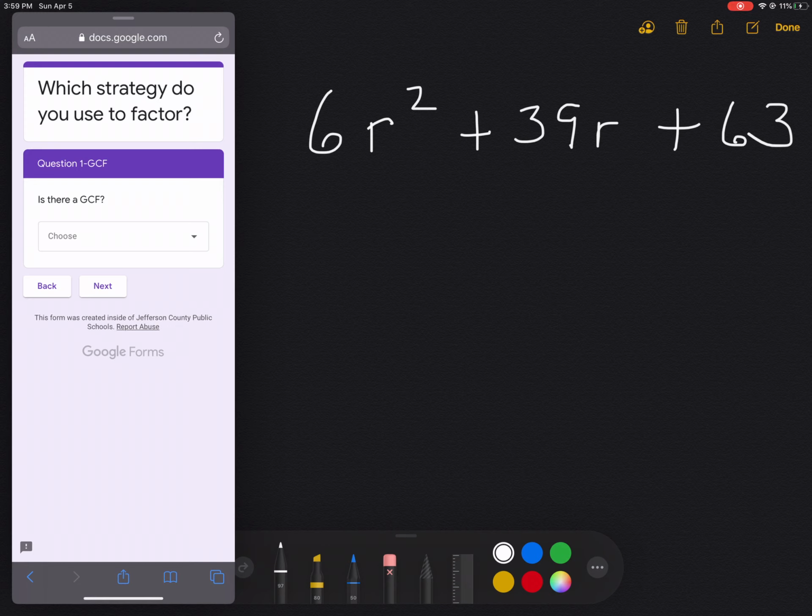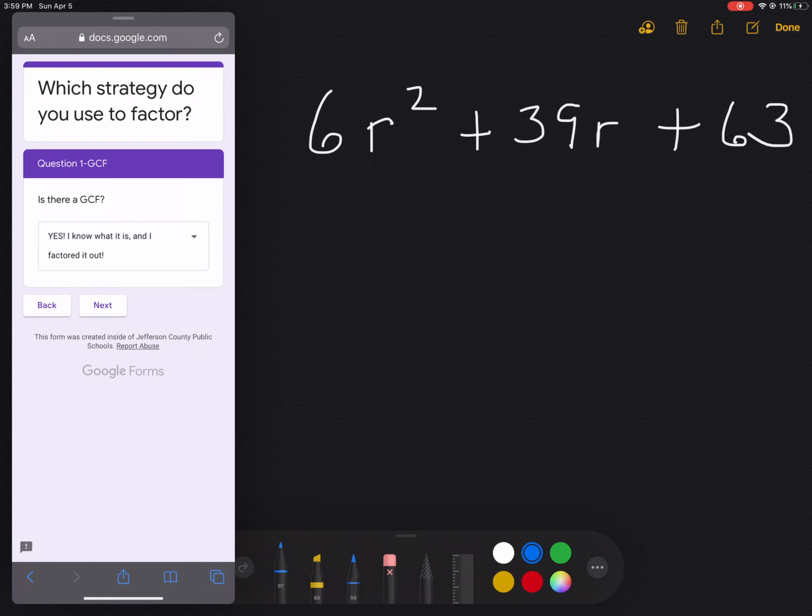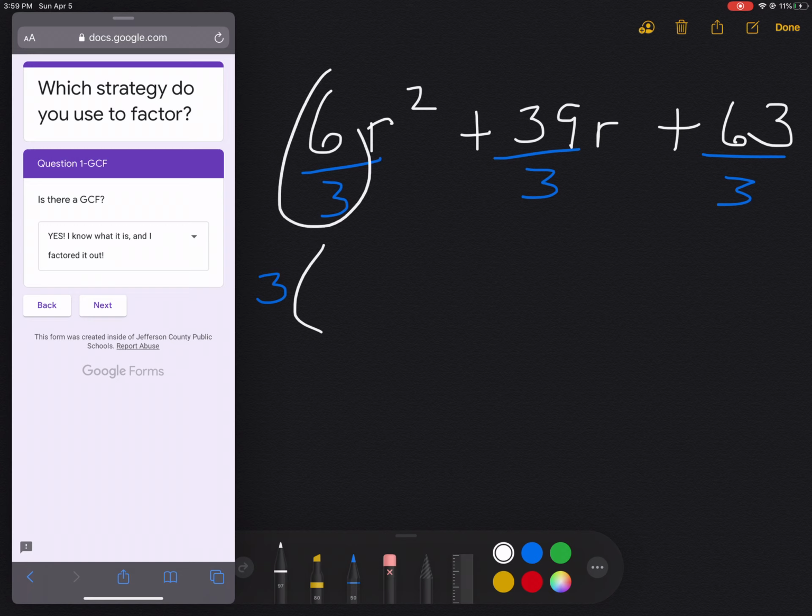I'm going to assume we've watched the video and now we know how to find the GCF. I'm going to click yes, I know what the GCF is, and I'm going to factor it out. Because if I'm looking at all 3 of these terms, I can see that they can be factored by 3. So I'm going to take that 3 and I'm going to factor it out of that trinomial. So 6 divided by 3 means that I would have a 2.